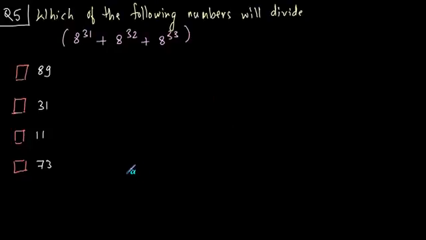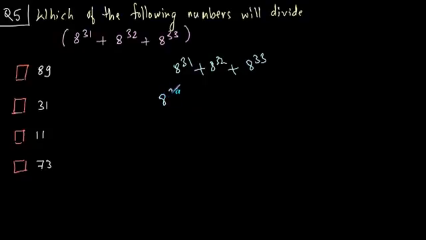Okay, now the fifth and the last question for this video. Which of the following numbers will divide this expression? First we will have to evaluate this expression. So let me write the expression: 8 raised to 31 plus 8 raised to 32 plus 8 raised to 33. Now you can take out 8 raised to 31 as common from this expression.